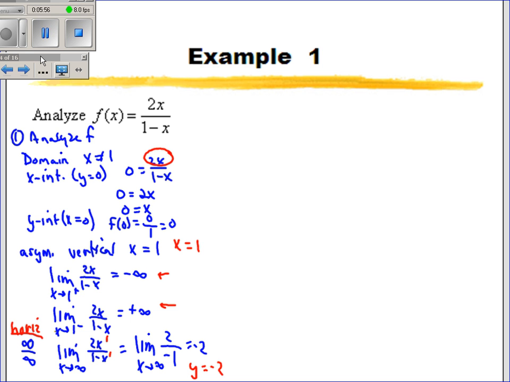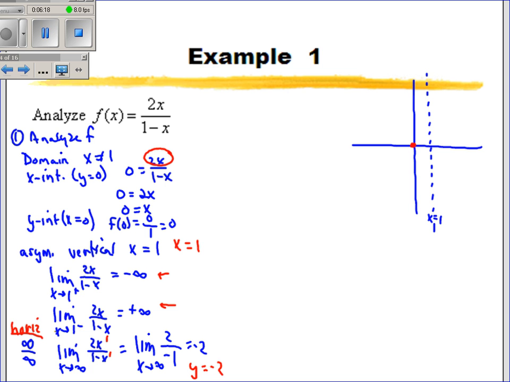Let's go ahead and put some of this on a graph. We have a vertical asymptote at x equal 1. We have a y-intercept at 0 and an x-intercept at 0. That's the only x and y-intercept, so it can't cross the x-axis anywhere else.